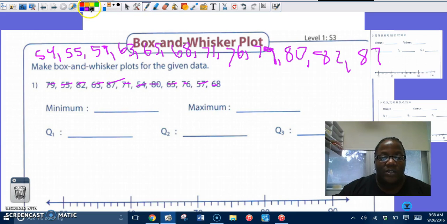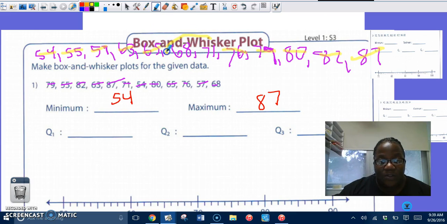And we can already determine the minimum, which would be 54, maximum 87. Let's find that quartile 2, which is the median middle number. I have two numbers that are here in the middle, so we can add and divide by 2.